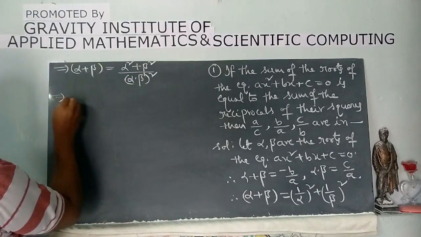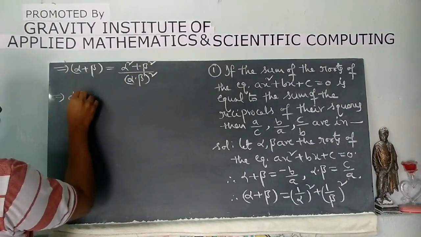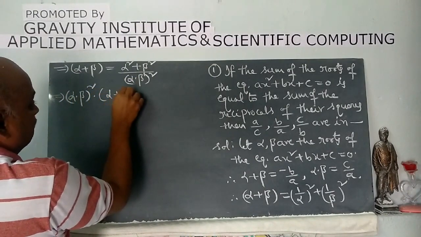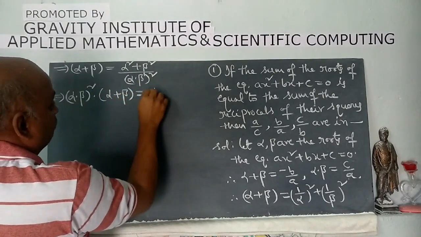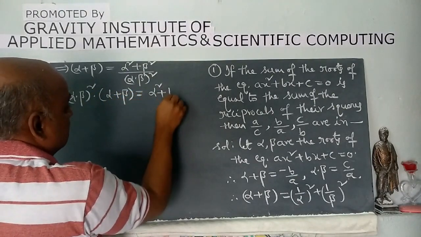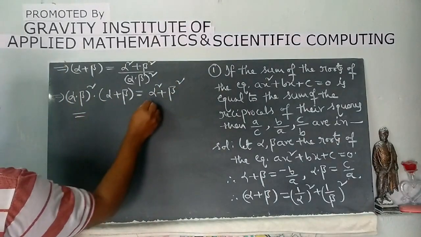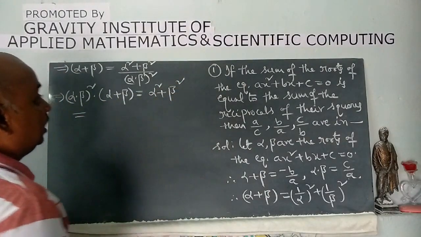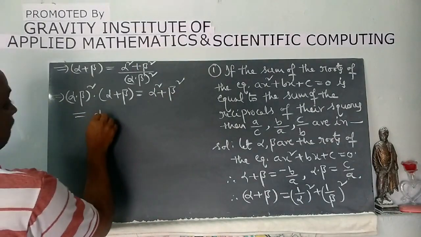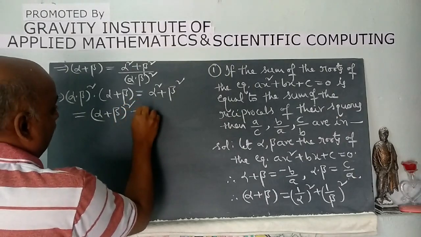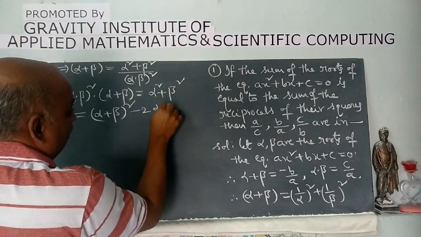This implies alpha into beta whole square into alpha plus beta is equal to alpha square plus beta square. So alpha square plus beta square in terms of alpha plus beta is alpha plus beta whole square minus 2 alpha beta.